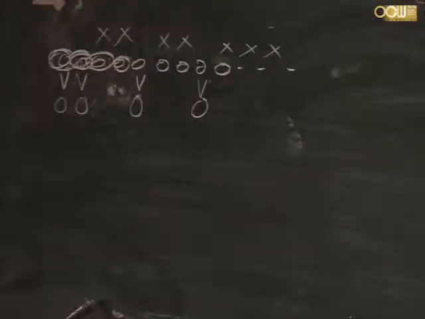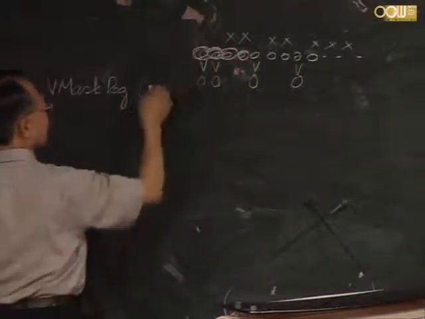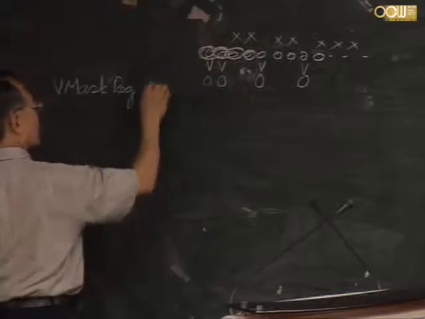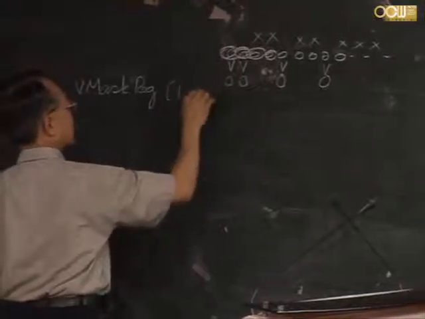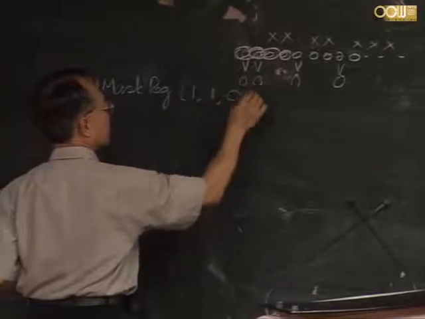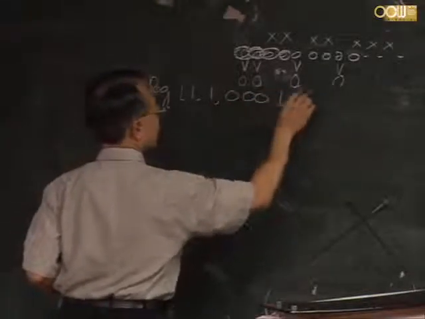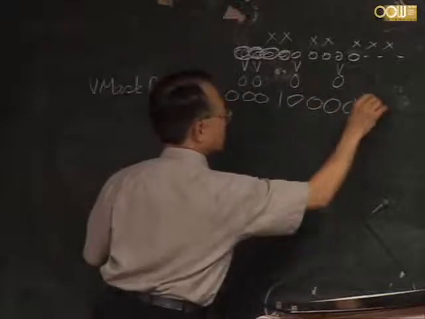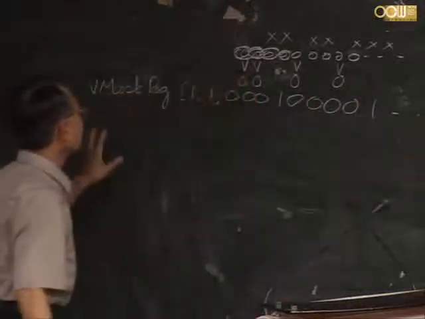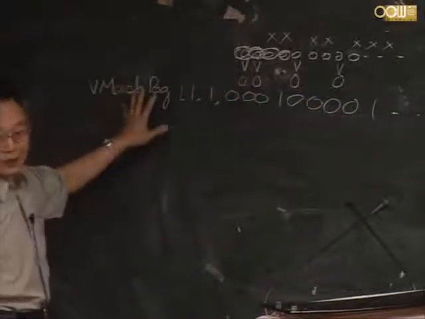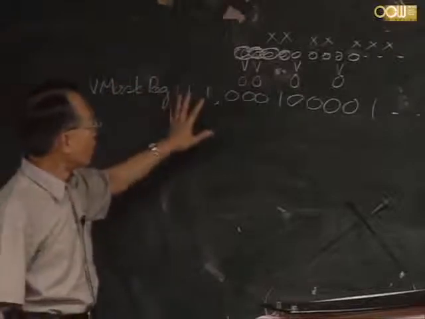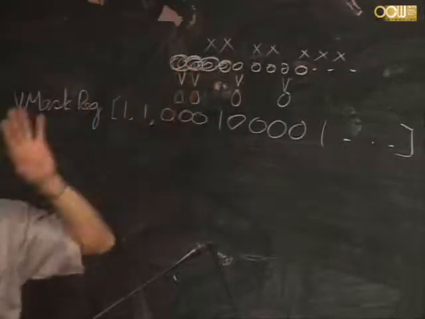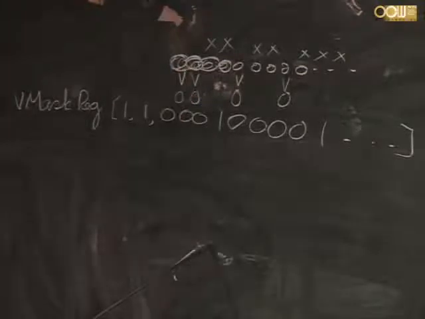You use the vector mask register to indicate that the first one you want to operate on, the second one you do, the third one you don't.